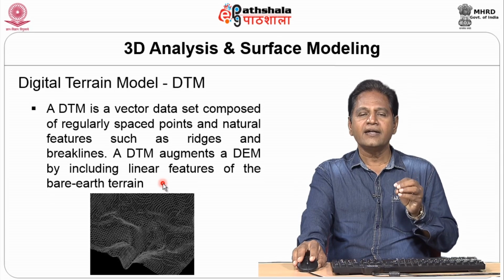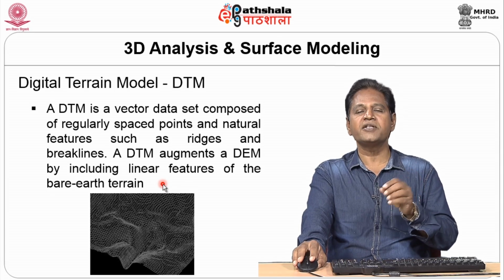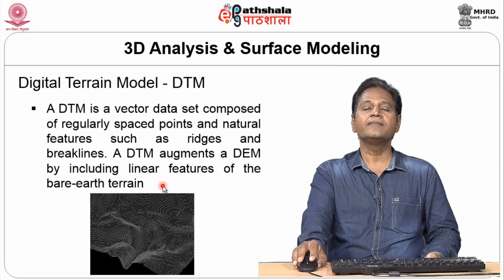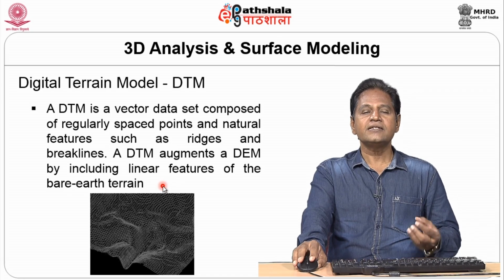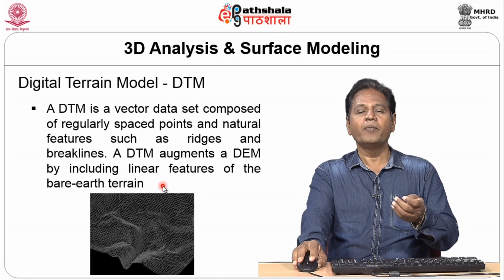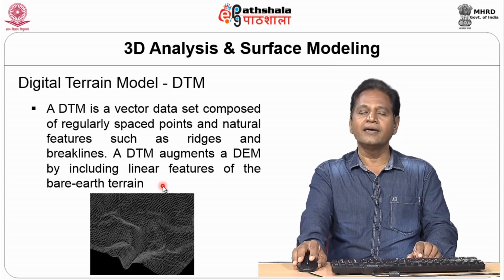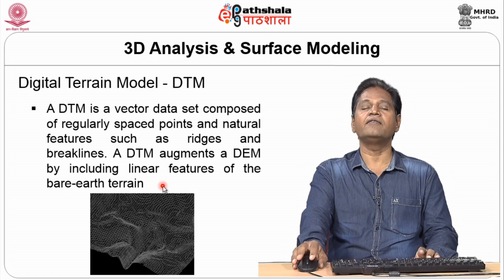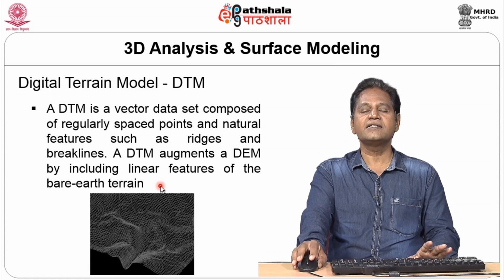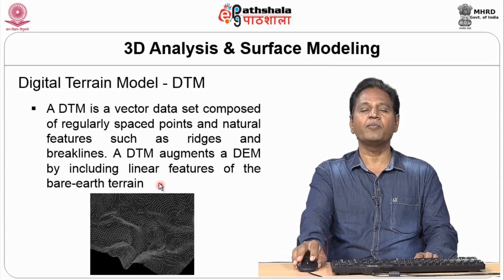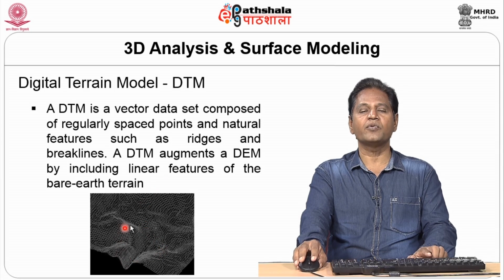From a data set comprising regularly spaced points and natural features such as ridges in the hills, a DTM is generated. This augments a DEM by including the linear features of the bare earth terrain. Whatever you have on the earth surface, a digital elevation model will be there, and a terrain model will be a kind of superimposed. You can see how it is superimposed.